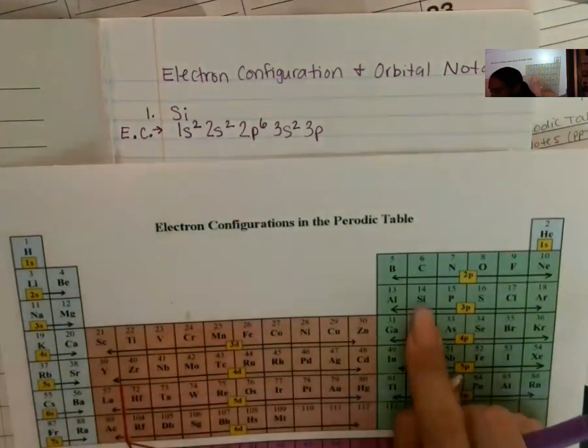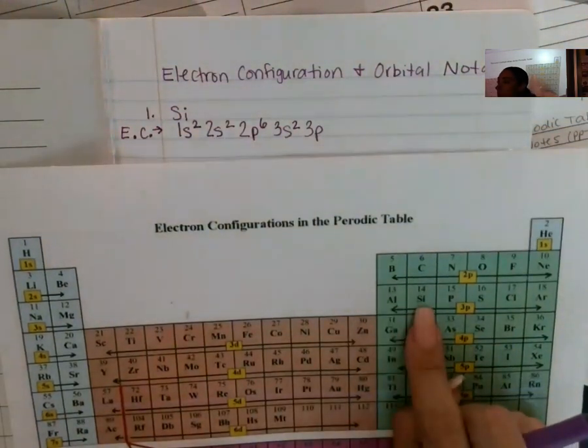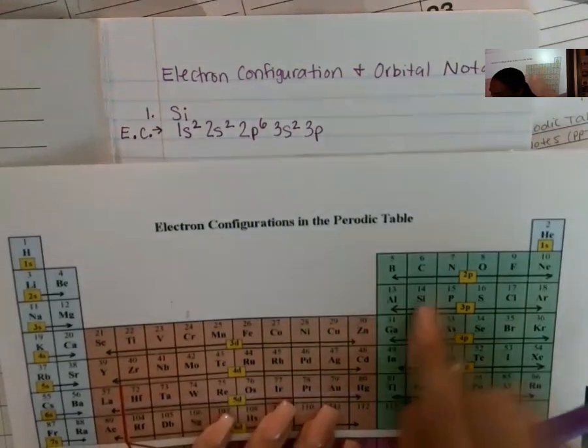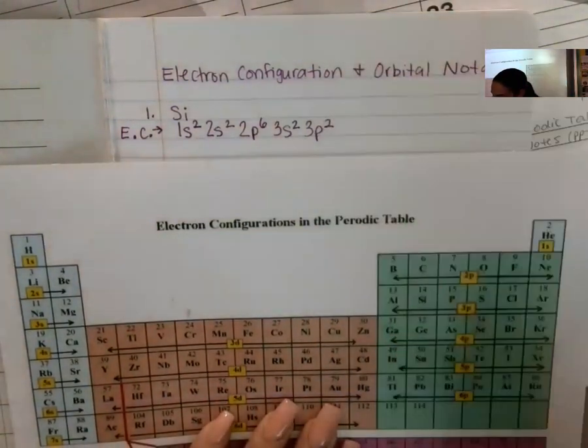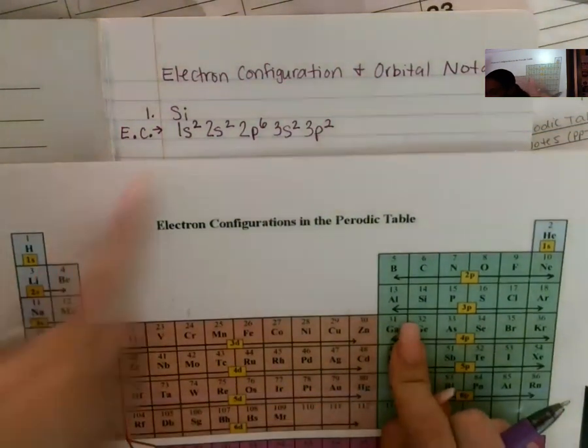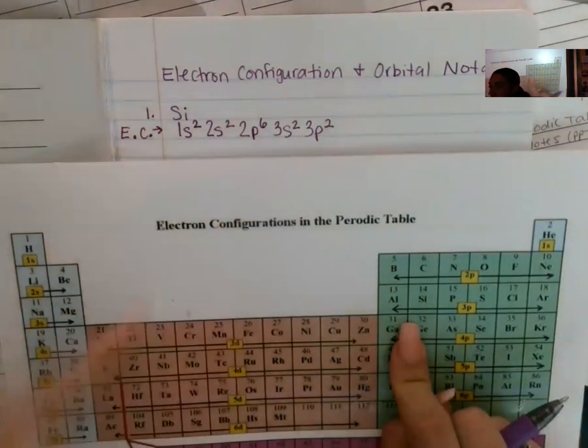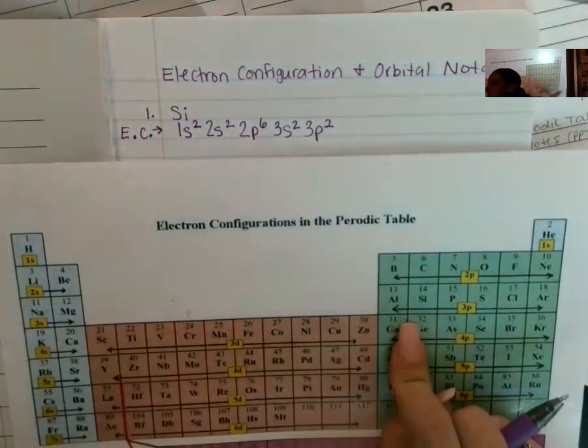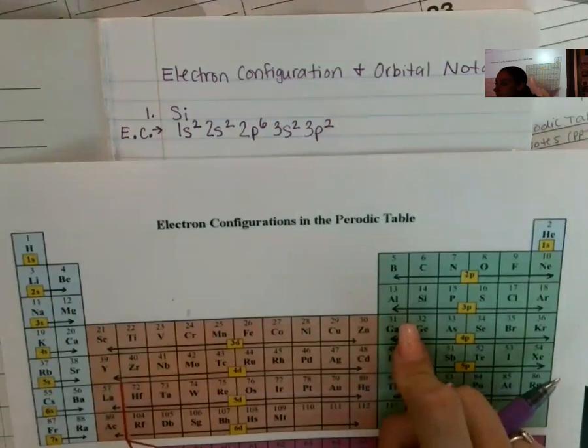It's the second one in the 3p level, 1, 2, so we put a 2. So all the s's are going to have 2s and all the p's are going to have 6s until you get to wherever you're stopping. And that's the one that can change, the one at the end.